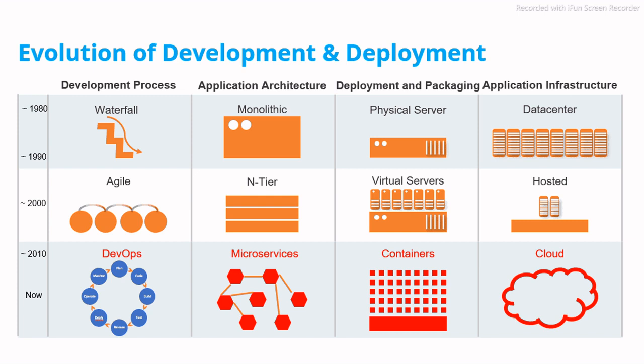Then from 2010 to nowadays, cloud is increasingly replacing applications with microservices running on a container infrastructure managed and orchestrated by Kubernetes, with developers and operations collaborating using DevOps methodologies.